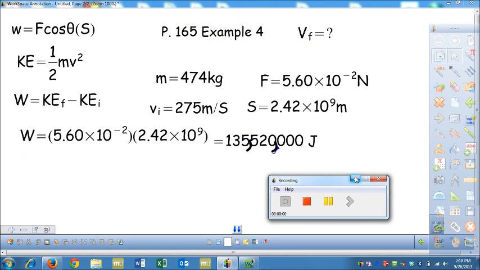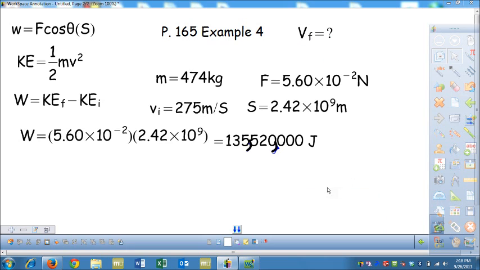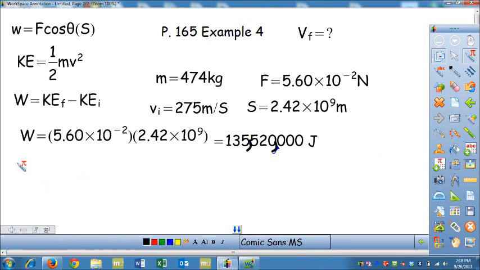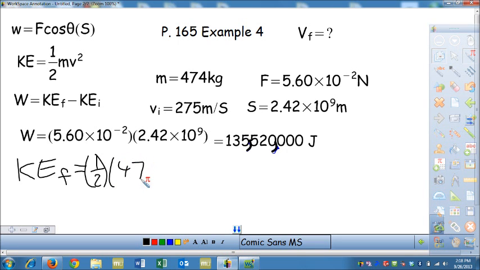Okay, we're back. Now, as I was saying, we want to know what the work is. Let's find what the kinetic energy final is. So we have KE final equals 1/2 times 474 times V final squared.